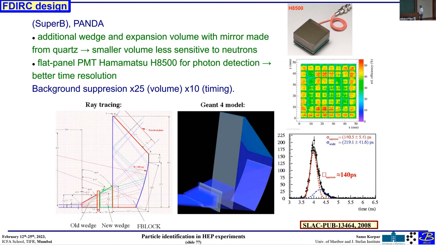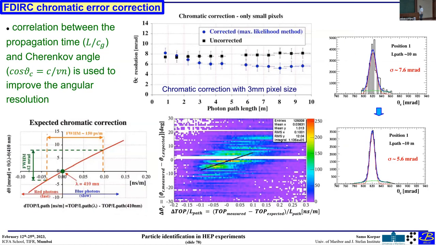If you also measure the timing, you can make a correlation between the time of propagation of this photon and the position, the angle where you detect it. And then you can make a correction to get better resolution. This was a very preliminary test, but you can see that this correction reduced the angular resolution from 7.6 to 5.6 milliradians.